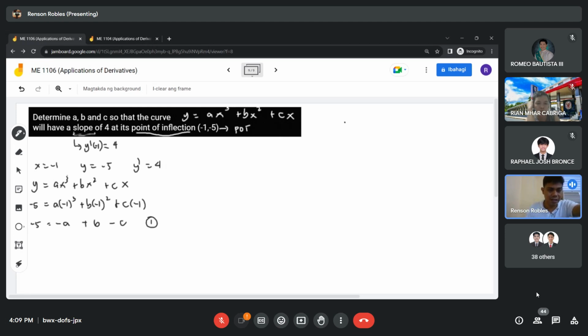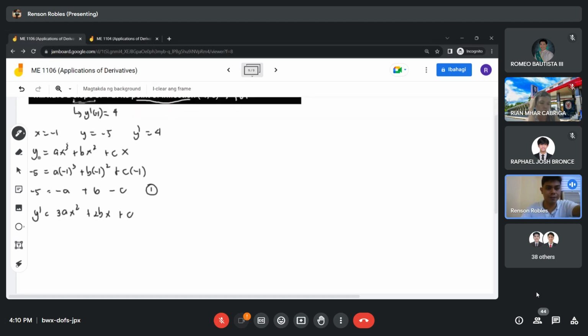Right? Then another equation is what you get when you differentiate your y. That's y prime equals 3ax squared plus 2bx plus c. That's the derivative of your y. Okay, and then y prime is 4 when x is -1. That's 3a times -1 squared plus 2b times -1 plus c.